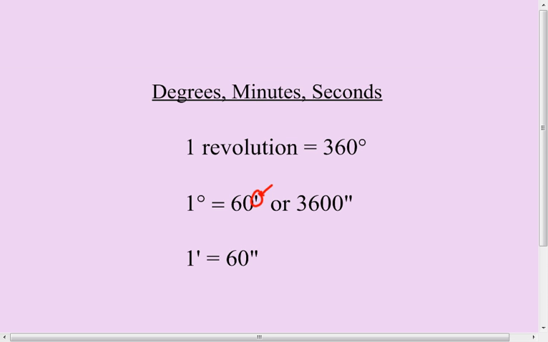Then you can divide that 1 degree into 60 equal sections, and each one of those is a minute. And then you can take those 60 minutes and divide them each into 60 equal sections, and they would be seconds. So the double hash mark is seconds, okay? So 1 degree is either 60 minutes or 3,600 seconds, and 1 minute obviously is 60 seconds.